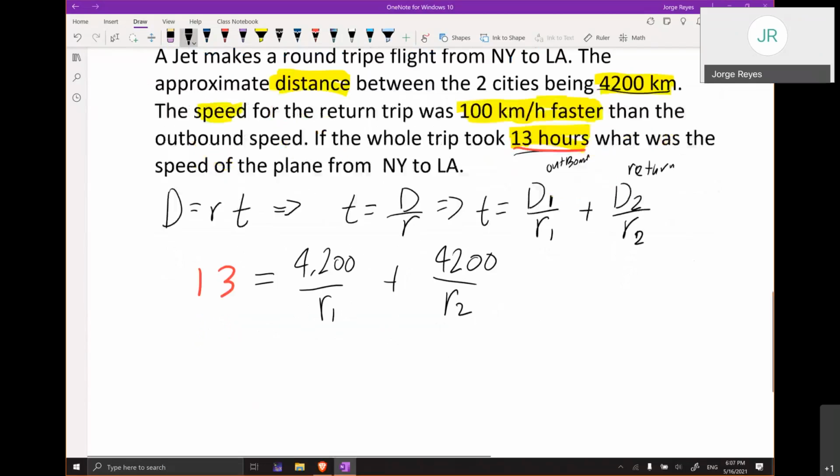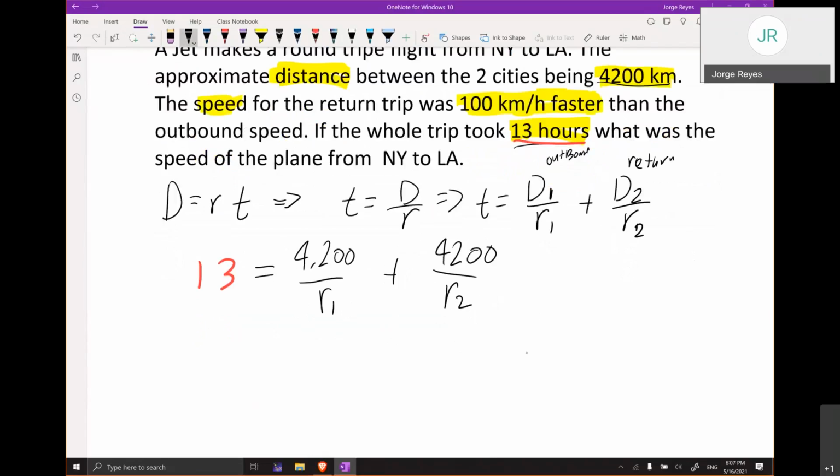So we're here, and now we're stuck, right? Now we have to use this fact. The outbound speed is R1. The return speed is 100 kilometers faster, so R1 plus 100.